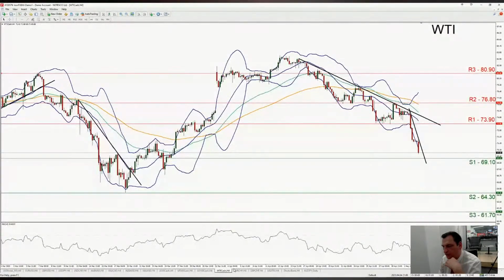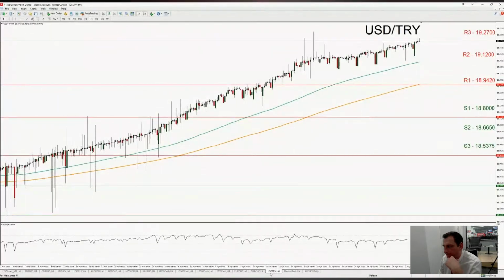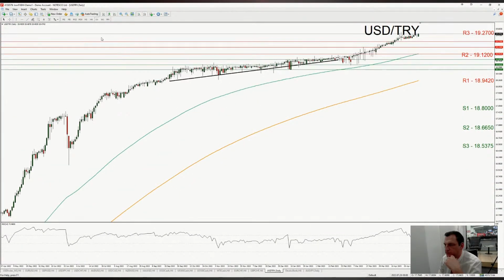Actually, before we move to Dow Jones, I would like to have a look at another FX pair, and that would be USD-TRY. Daily chart, please.